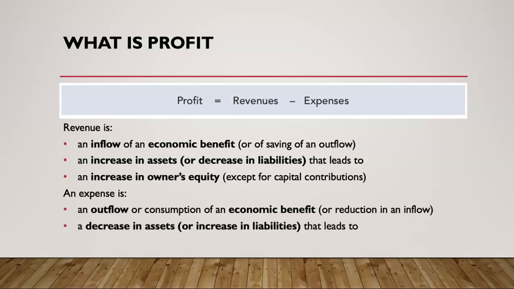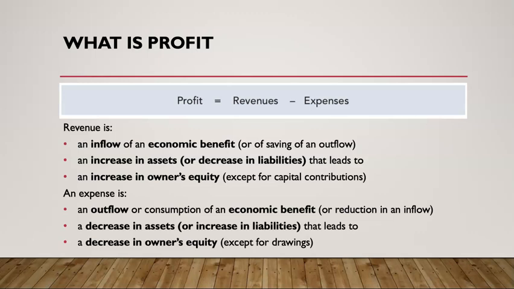Must result in a decrease in assets. So for example, does this expense lead to a decrease in cash or a decrease in inventory, for example? And it also, again, must result in a decrease in owner's equity. And it can't be a drawing. So there's a 4th one.